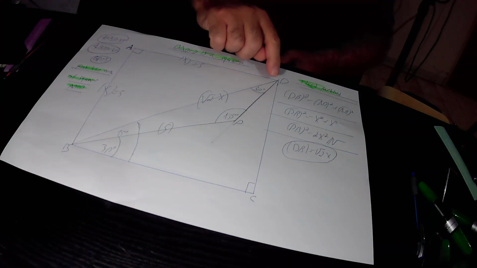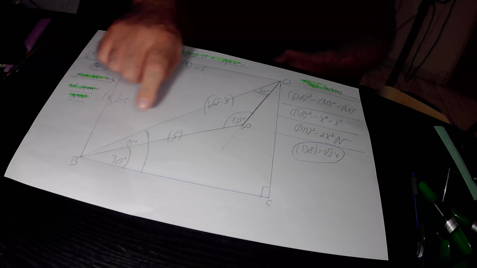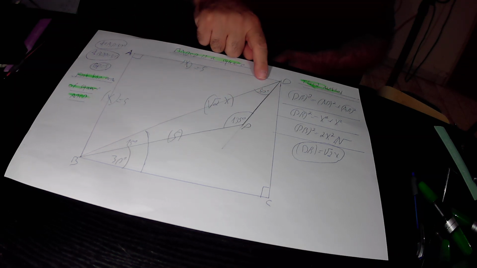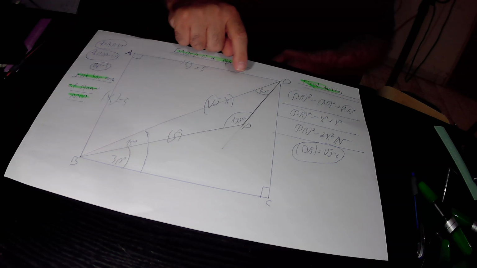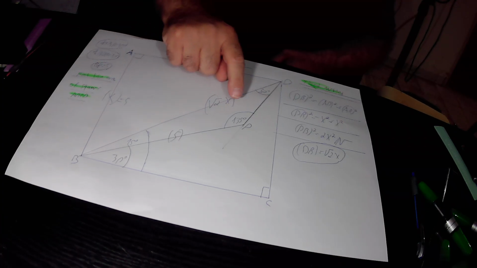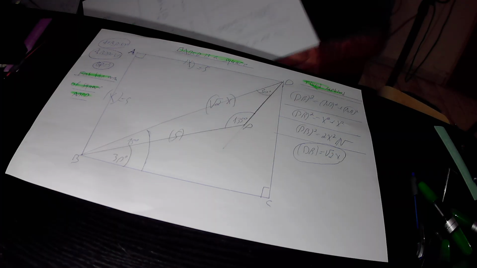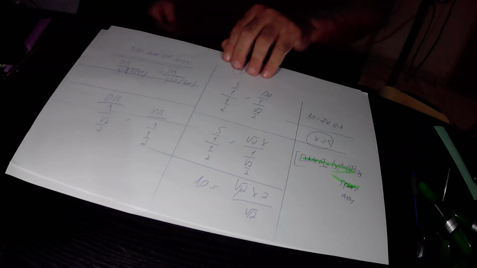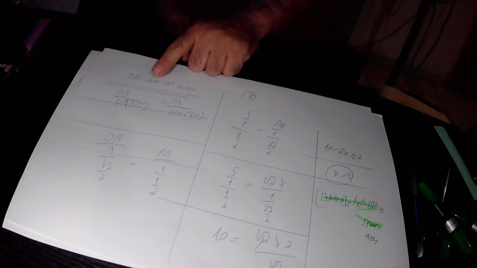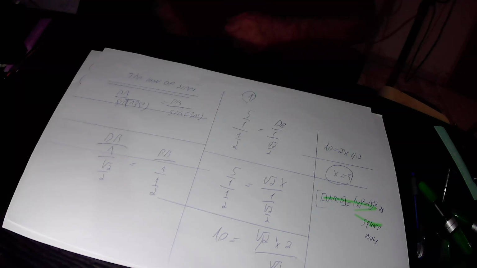So in this triangle DBP, according to the law of sines, DB over sin 135 degrees equals PB over sin 30 degrees.